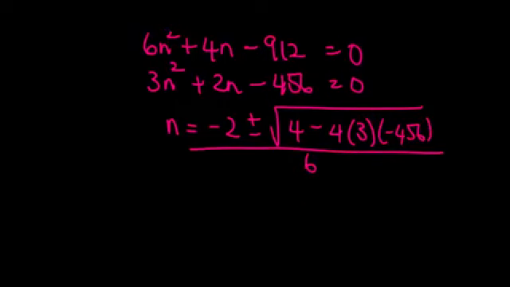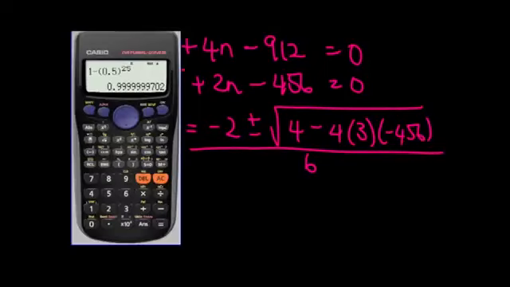Right, in our fabulous little machine, let's get it working. So the square root of 4 plus 12 times 456. What do we get? We get 74.